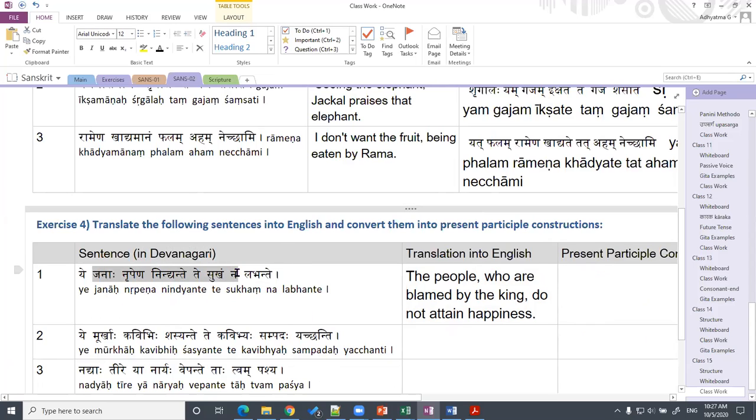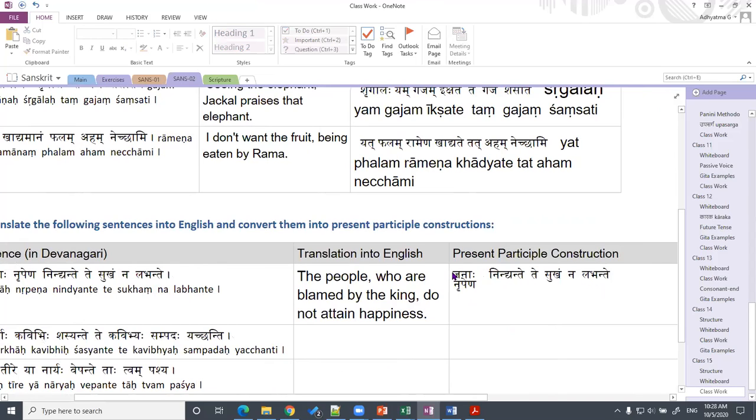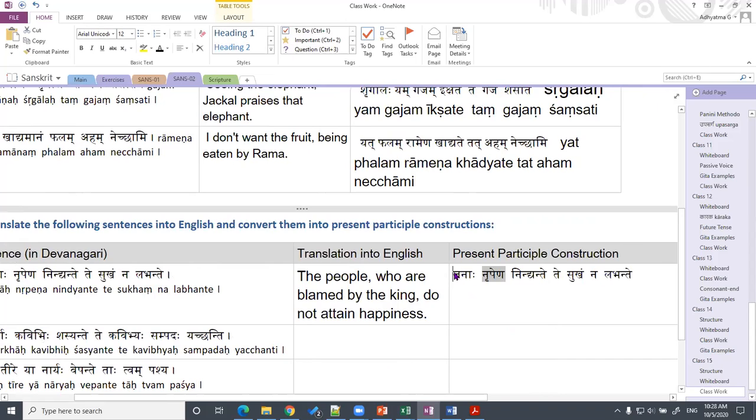So you will say here, nirupena will come first because nirupena nindyamana.